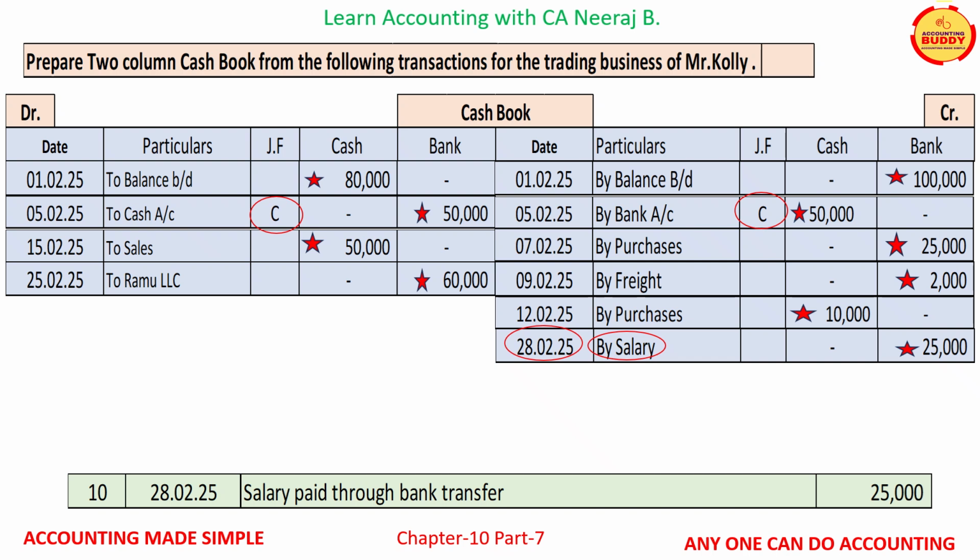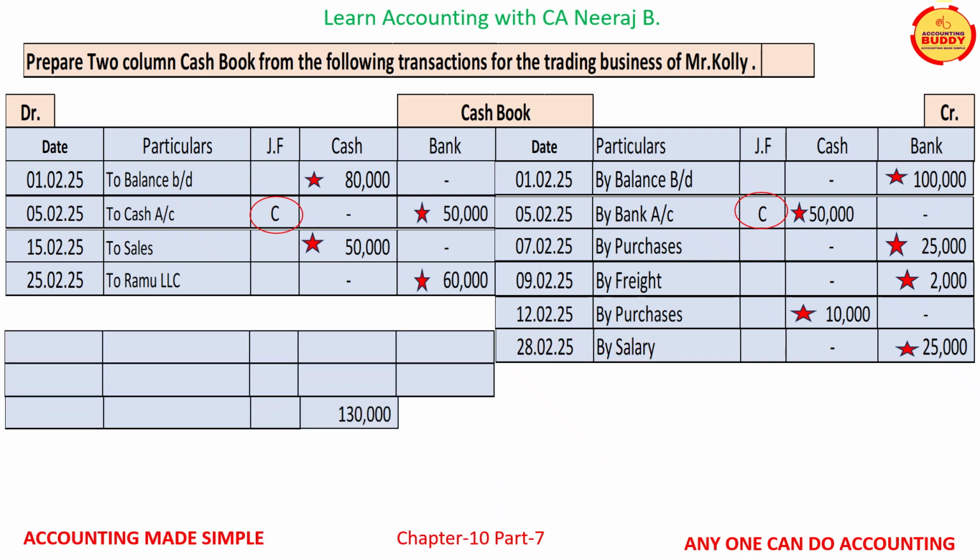Let us now do the balancing of the cash book. First, we will do the totaling of the cash column on the left hand debit side and it comes to $130,000.